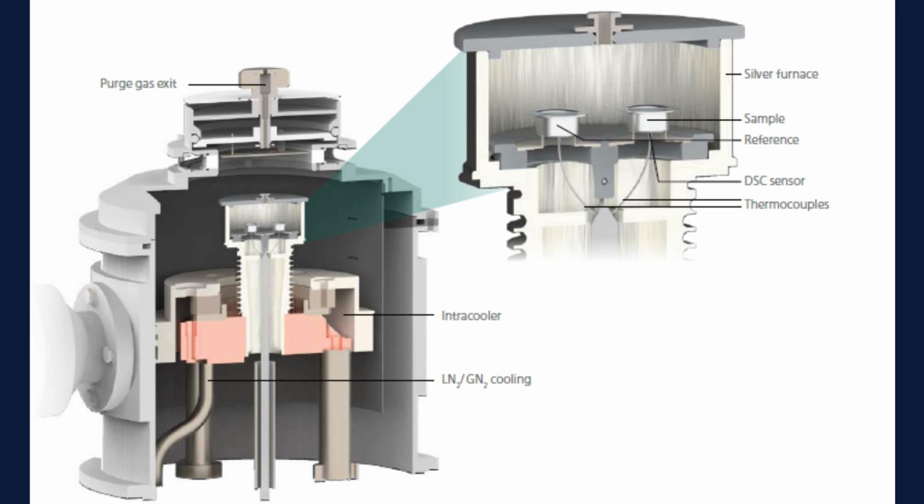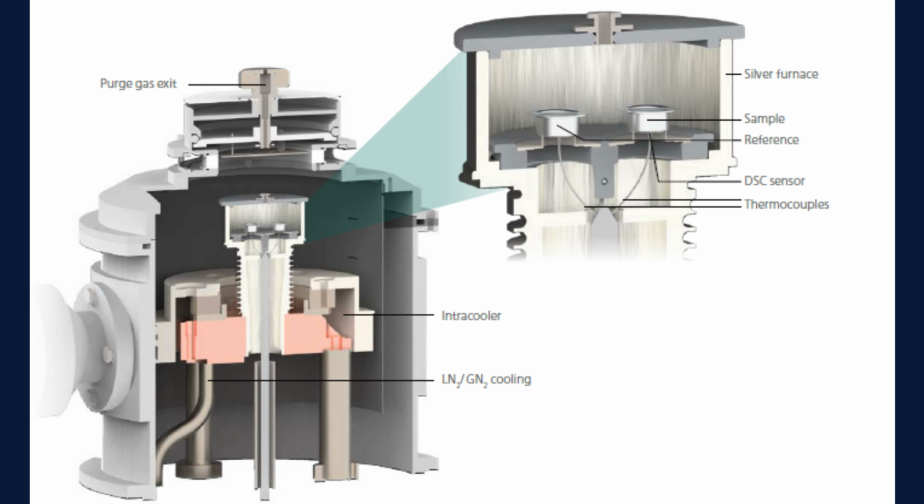Cooling system. Many DSC instruments employ liquid nitrogen, mechanical refrigeration, or intracoolers to perform controlled cooling experiments and sub-ambient analyses. Purge gas system. An inert gas, such as nitrogen, argon, or helium, is typically used to prevent oxidation during analysis.